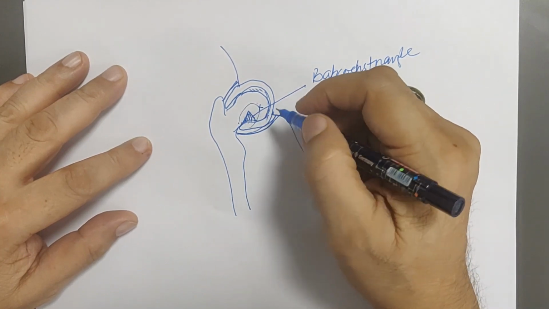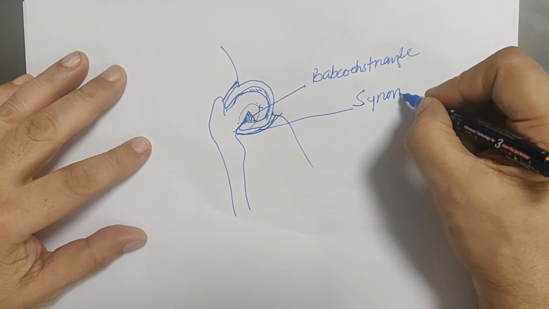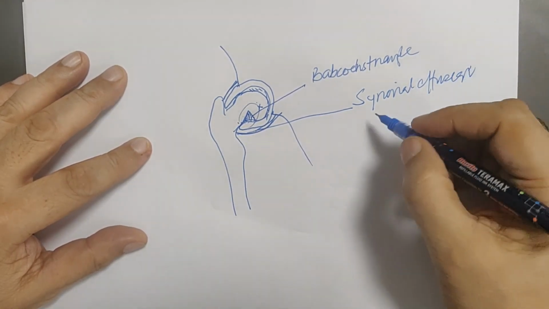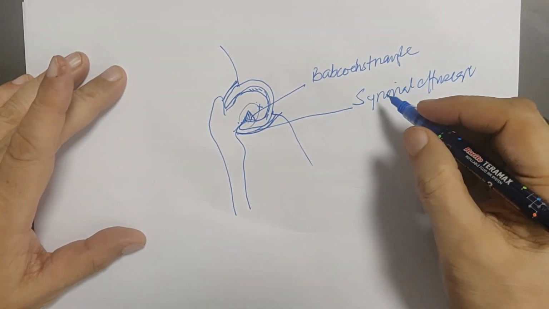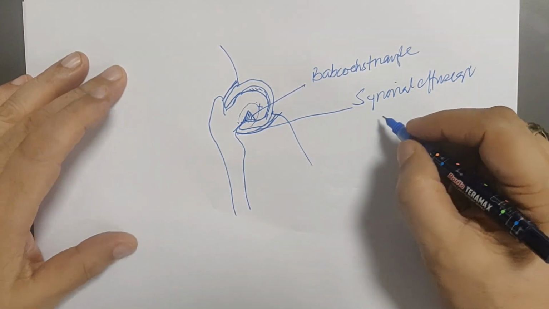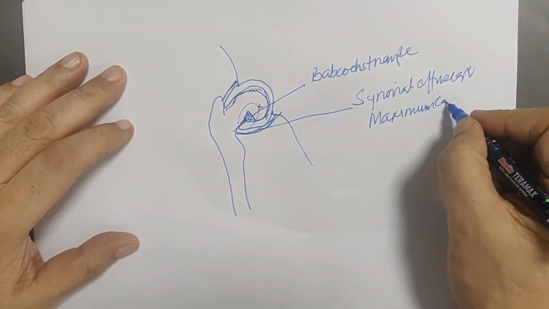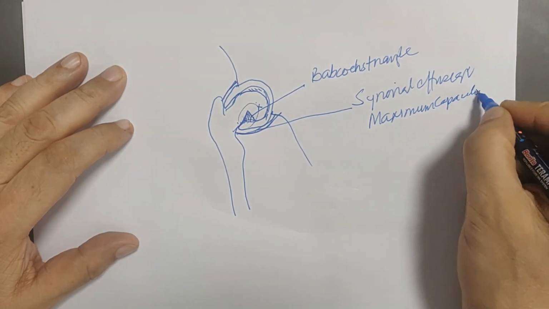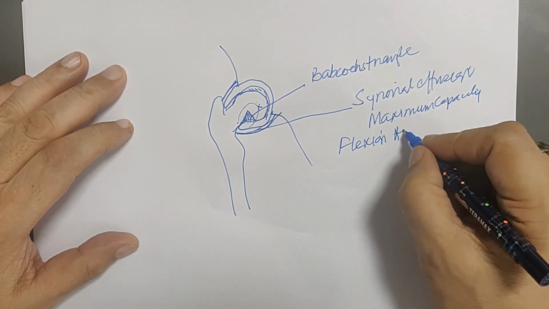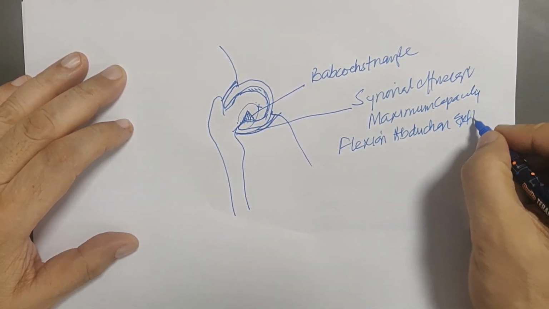Then because of the tubercular pathology here, there can be a stage of synovial effusion. In the stage of synovial effusion, the joint goes into its maximum capacity, and that maximum capacity is in a position of flexion, abduction, external rotation.